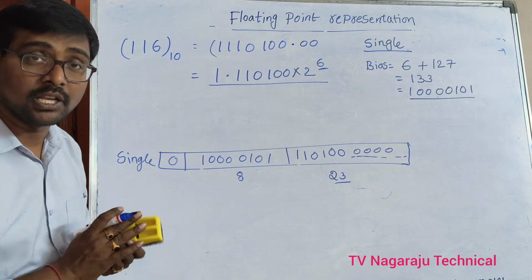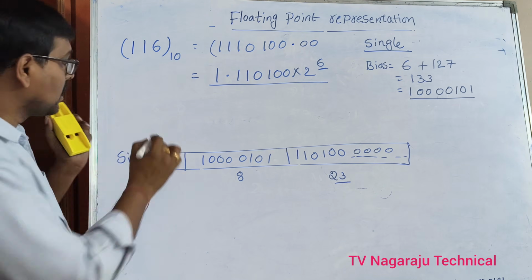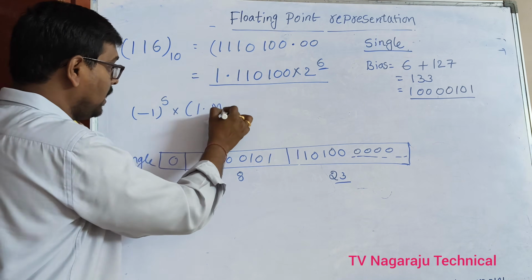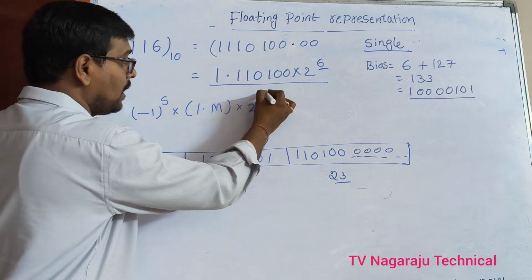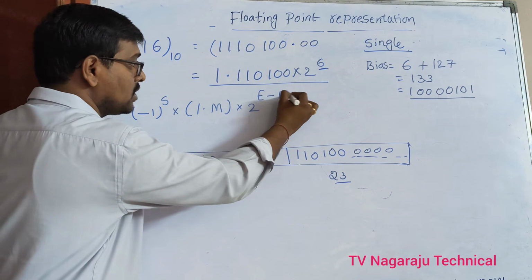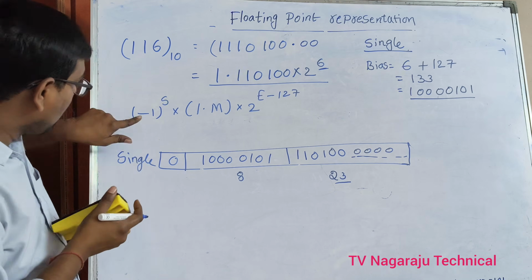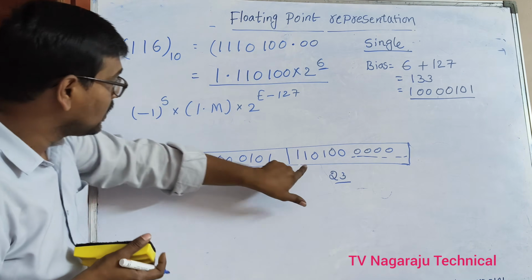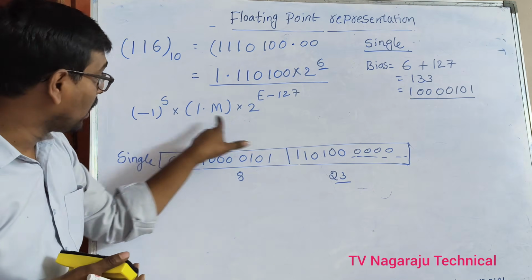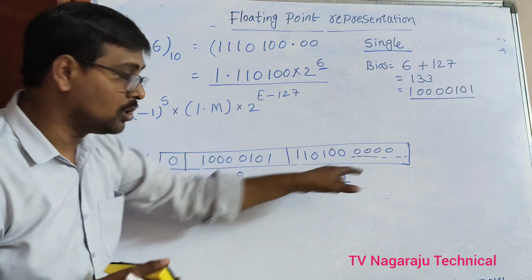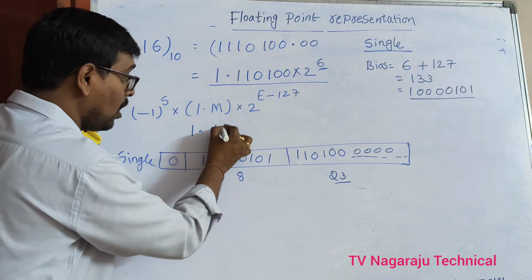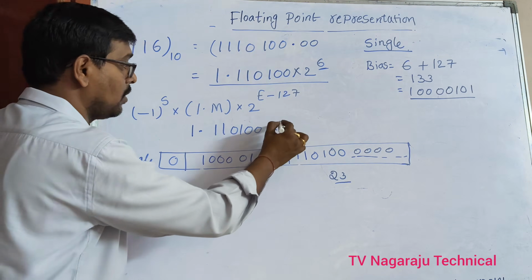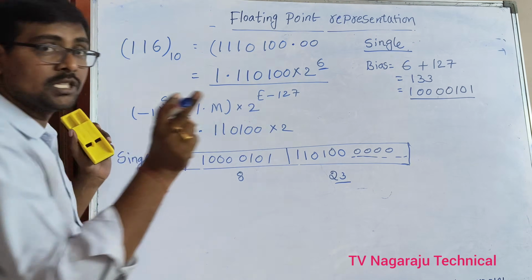We already know that to get the original value, it is minus 1 power s into 1.m into 2 power biased exponent minus 127. Here minus 1 power s, with s equal to 0, is 1. Then 1.110100, and you can write any number of zeros, that is not a problem, into 2 power e minus 127.